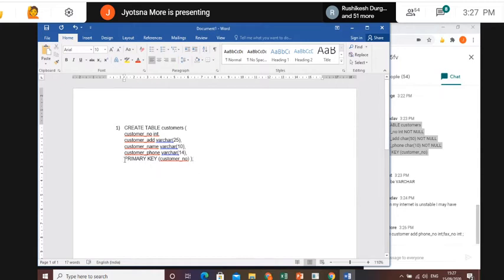Or instead of this primary key or so on, what I will do, control X, integer, control V. So I can do this way, and I'm removing this part. I don't require this comma now. So my query is this.